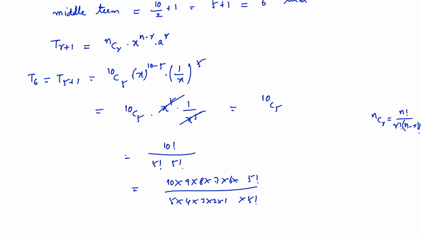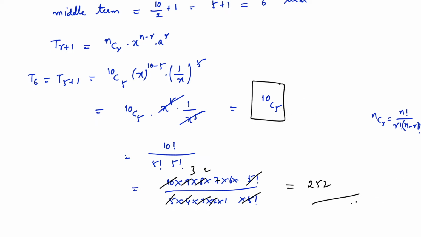So we can cancel this 5 factorial and also certain terms. 5 into 2 is 10, and 3 times... and 4 twos are 8. So we have 3 into 2, 6; 6 sevens are 42. Or else we can say 6 into 7, 252 is the product. So 252 is the answer. Okay, or we can give the answer 10C5.